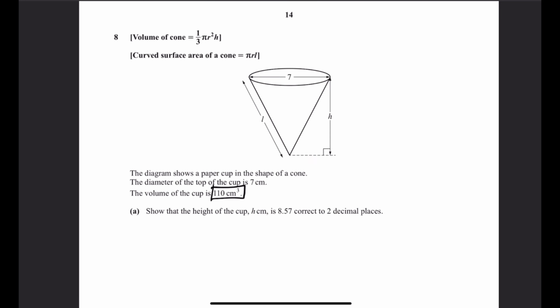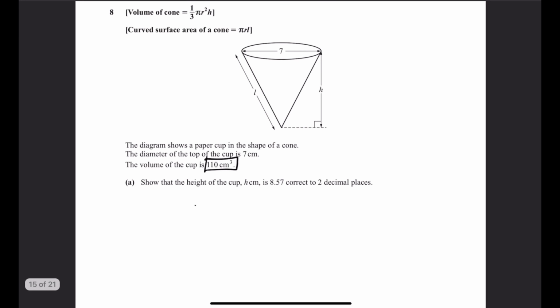Volume of the cone is 1/3 pi r square h. r square means 7 by 2 square, h equals to 110. Okay.